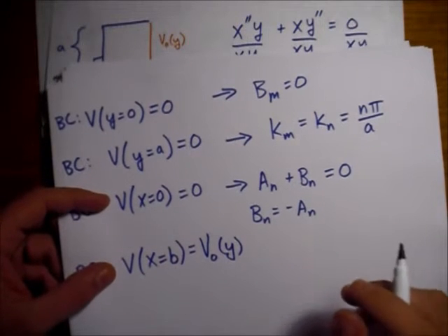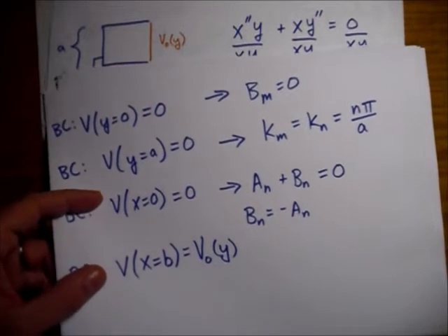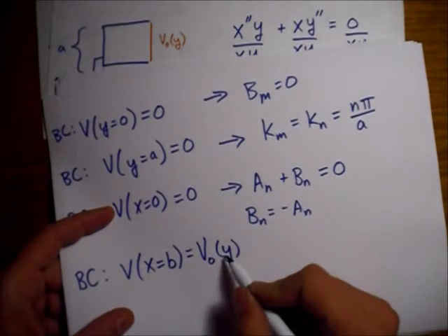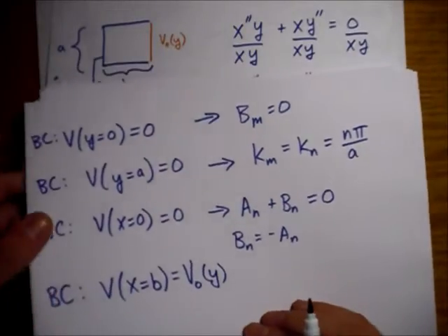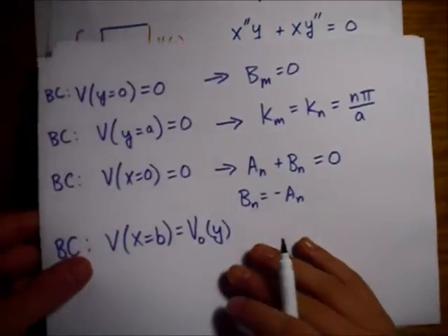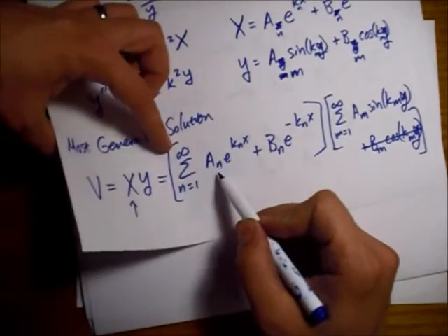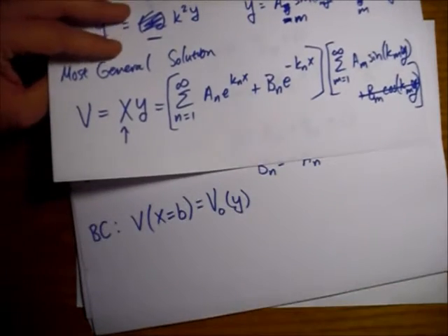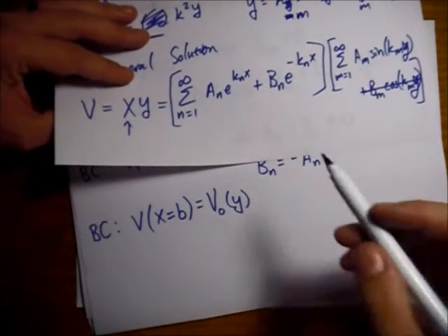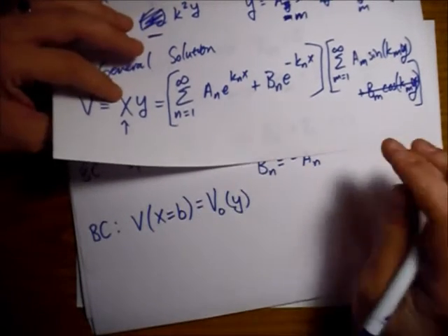Just double check and make sure Griffiths, yeah, he calls it v naught as a function of y. All right, so what can this tell us? Well, we already know that b sub n is equal to minus a sub n. So let us factor this out.